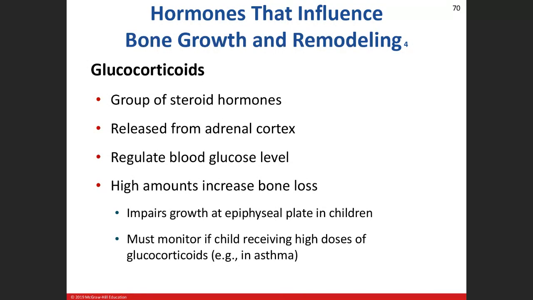Well, glucocorticoids are a group of steroid hormones that are produced in the adrenal cortex. The adrenal cortex is the outer layer of your adrenal gland. You have the adrenal medulla on the inside, which produces your adrenaline hormones like epinephrine and norepinephrine. Then you've got the cortex, which surrounds the adrenal medulla.